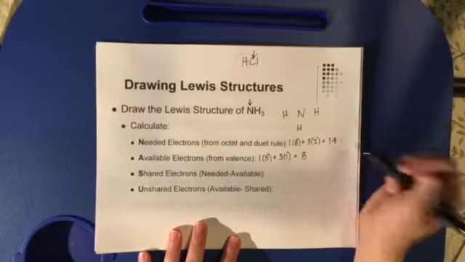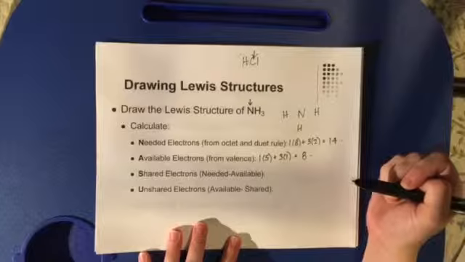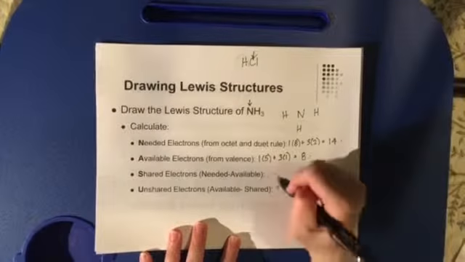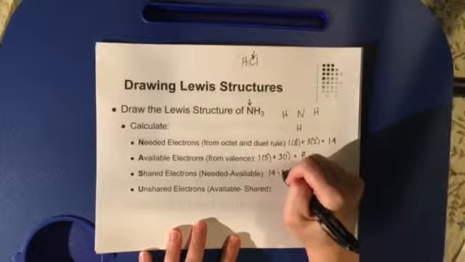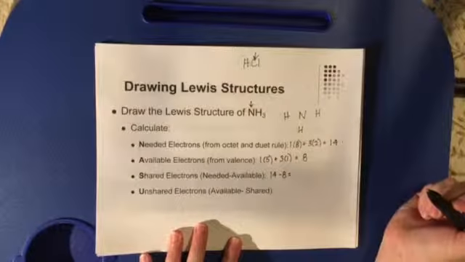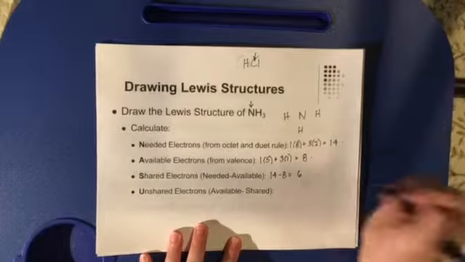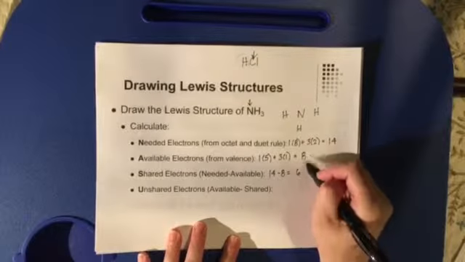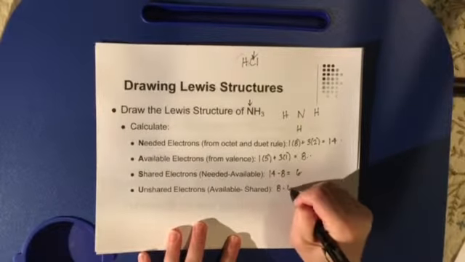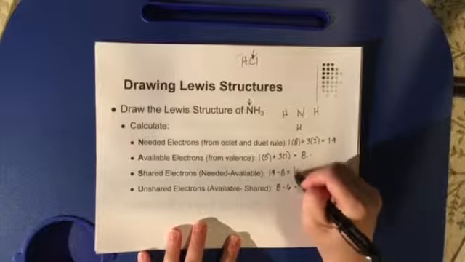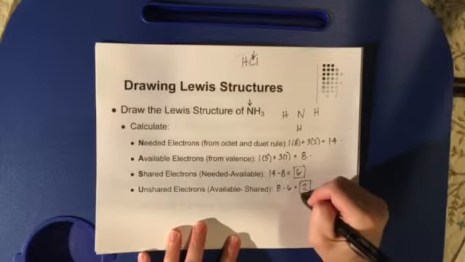So this is what we need. This is what we actually have. To take care of the octet rule, we're going to share the difference between these. And so the difference between that would be 6. And then whatever is left over is unshared. And so we've got 6 and 2.